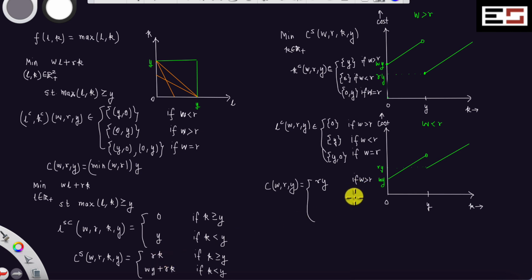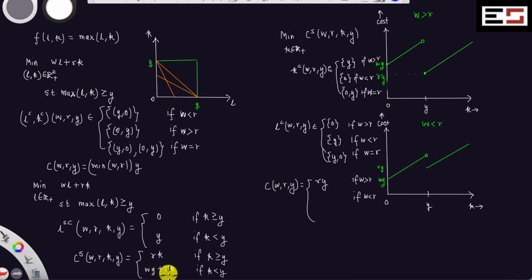Okay, and if w is less than r, then capital is 0, and when capital is 0, labor is y. When y is positive, then this case applies.